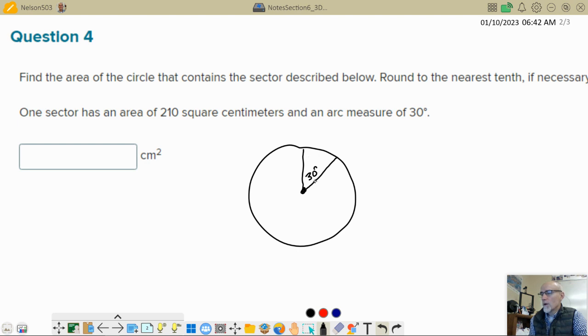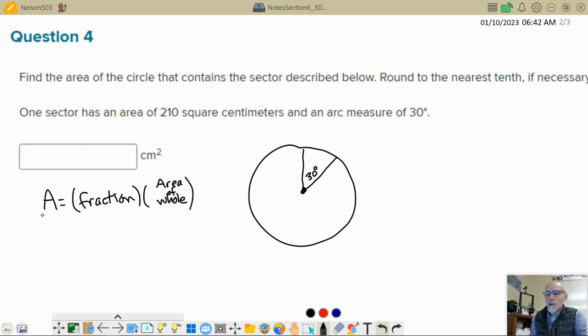We're looking for the area of this sector right here, and it says that the sector's area is 210. So they're giving us part of what we care about, something about the fraction, and we're supposed to find the area of the whole circle. Isn't that the formula we just saw?